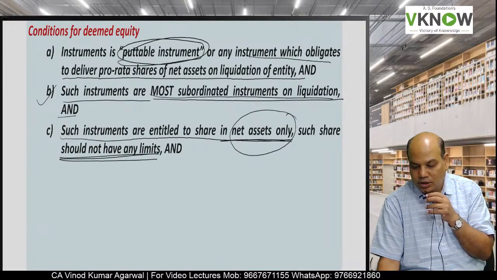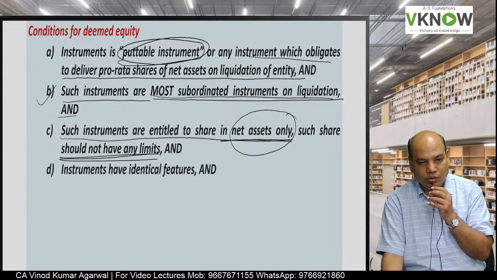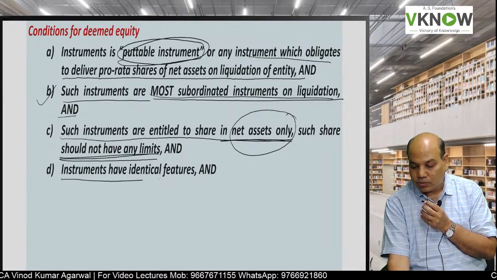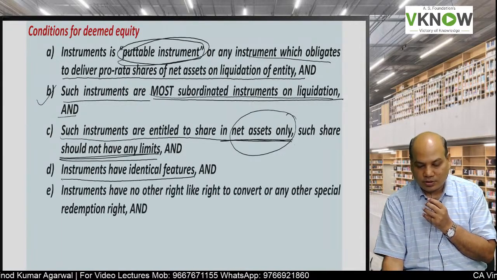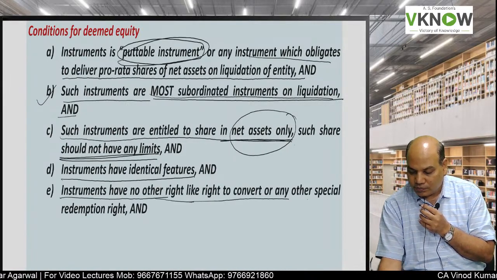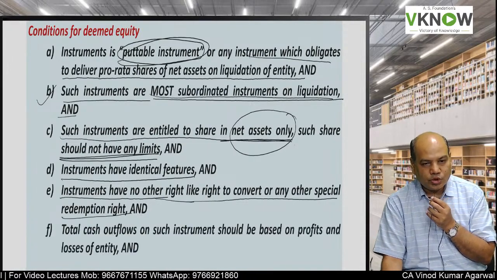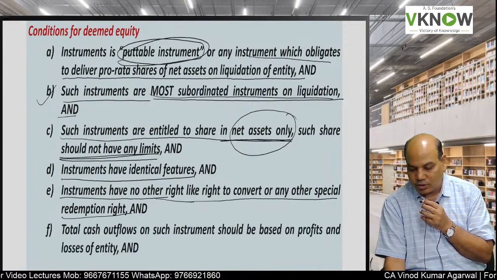Whatever the net asset is, they will get a share in that, which can be very high or very low. Then such instruments should have identical features, and no other right like a right to convert or any other special redemption right.